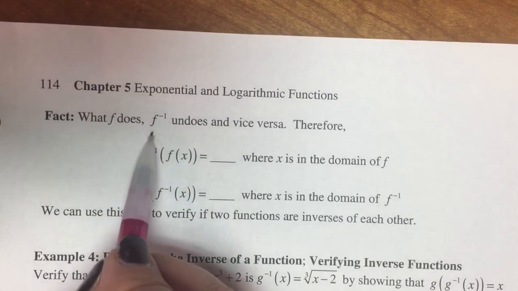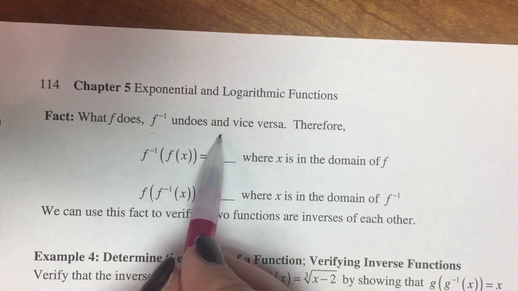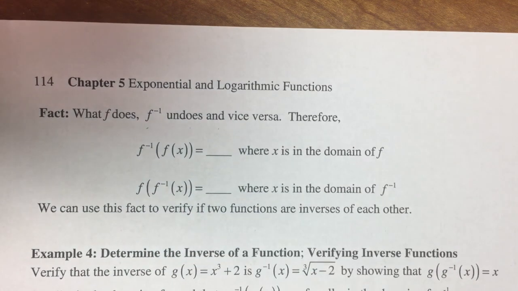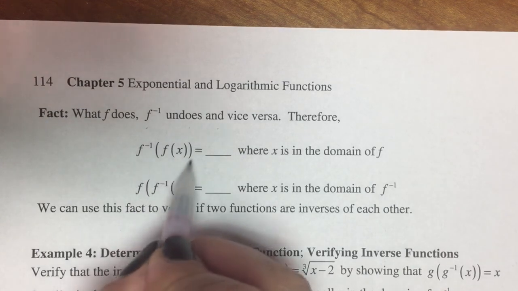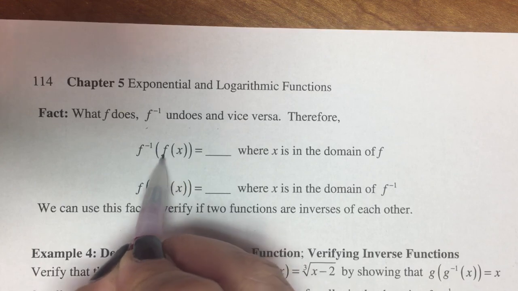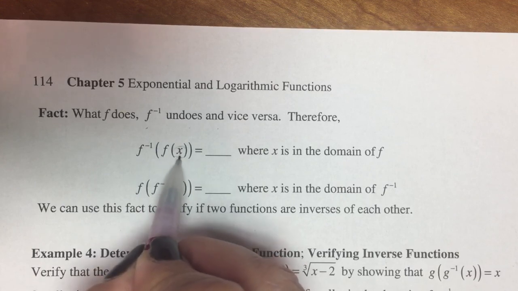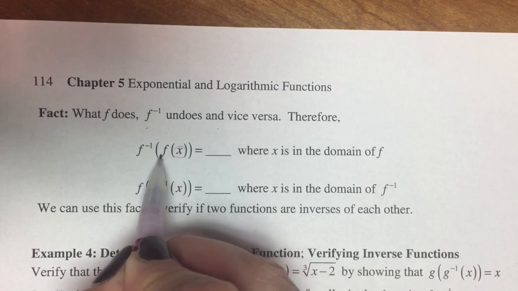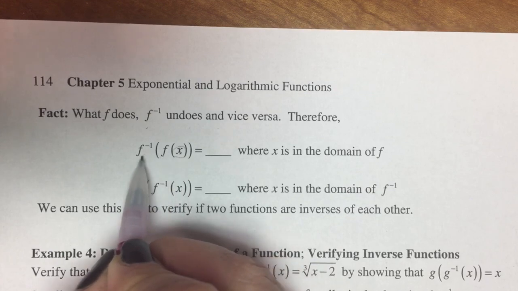What f does, f inverse undoes, or vice versa. Therefore, if I want to find the composition functions, think of it this way. Whatever f does to that letter x, let's say it adds 2 or it subtracts 10, f inverse undoes what it just did.